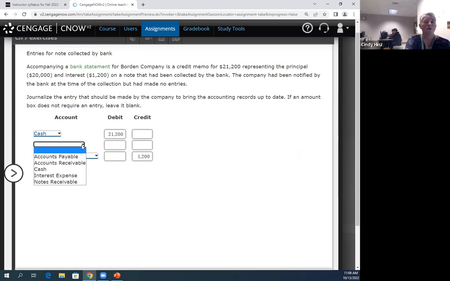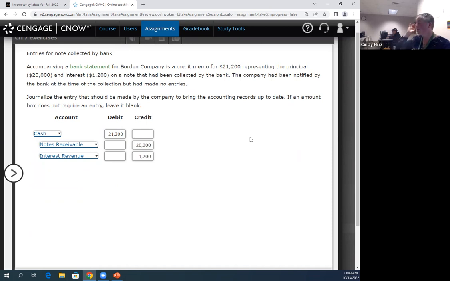The customer, whoever paid this note, already owed us on our books $20,000. That's the principal or the face value of the note. And so on our accounting records, we were showing the customer owes us $20,000. Now that they paid us, we need to get that note receivable off our balance sheet. They don't owe us that anymore.